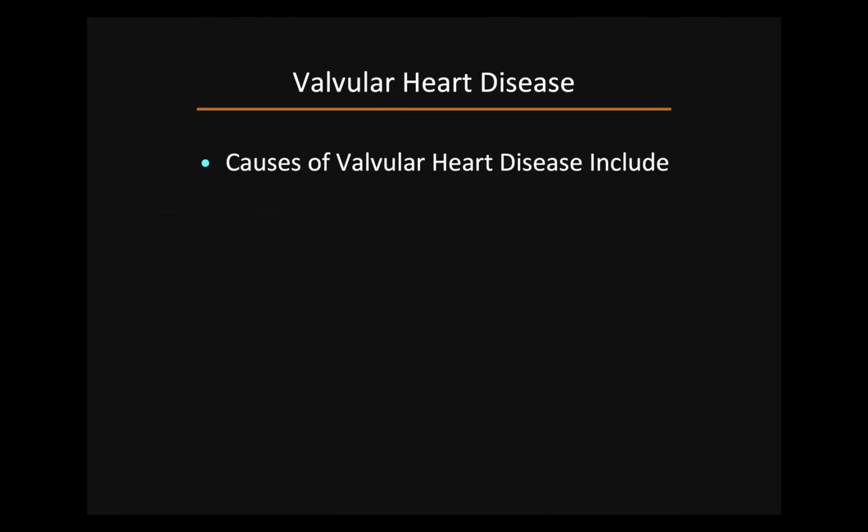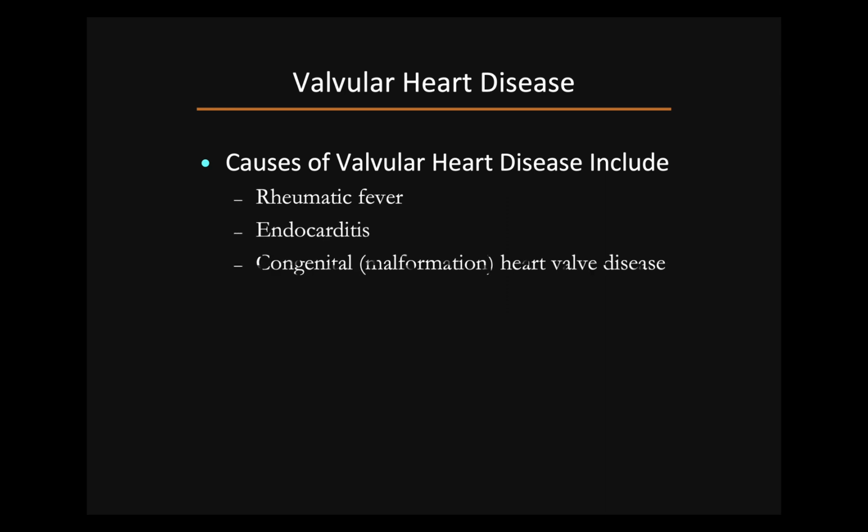So causes of valvular heart disease would include rheumatic fever, endocarditis, and then there's congenital heart valve disease, where the baby is born with this. This is a malformation of the valve, even to the point that the valve isn't even there. And then we also have Marfan's disease, where the connective tissue becomes very stretchy and the valve doesn't work appropriately.